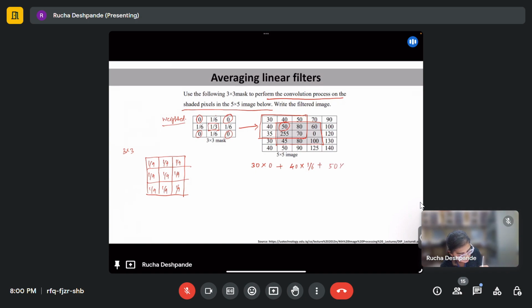So 50 into 0 again, 40 into 1 by 6, 50 into 1 by 3 plus 80 into 1 by 6, 35 into 0 plus 255 into 1 by 6 plus 70 into 0. So this value is around 85.